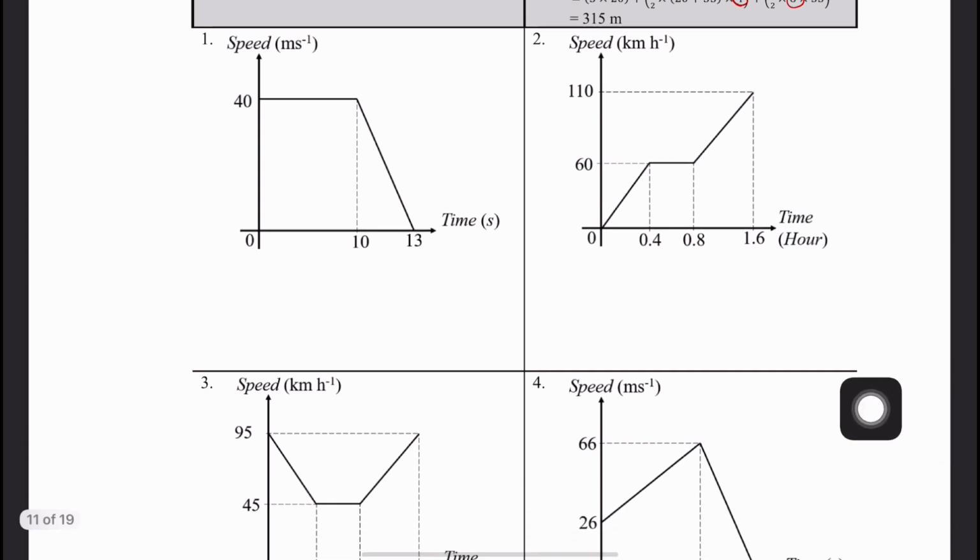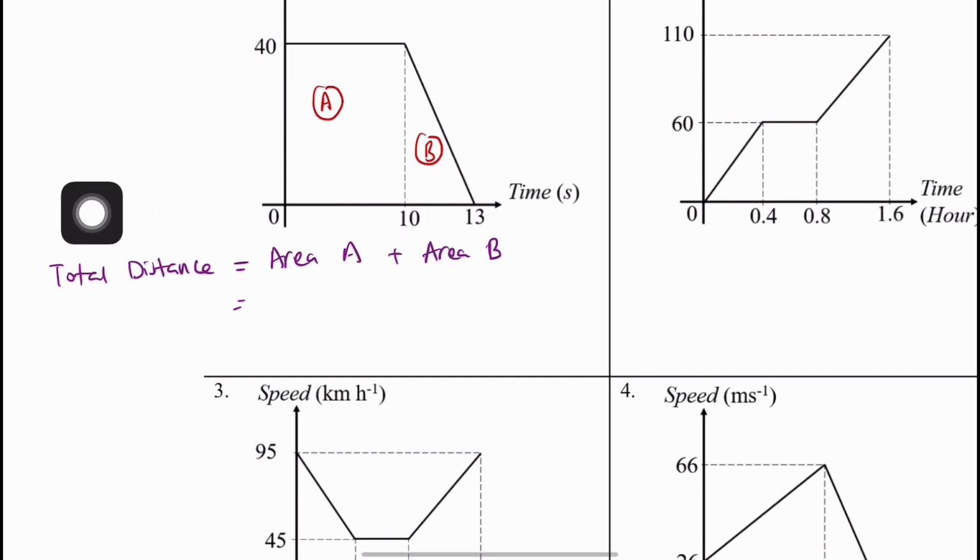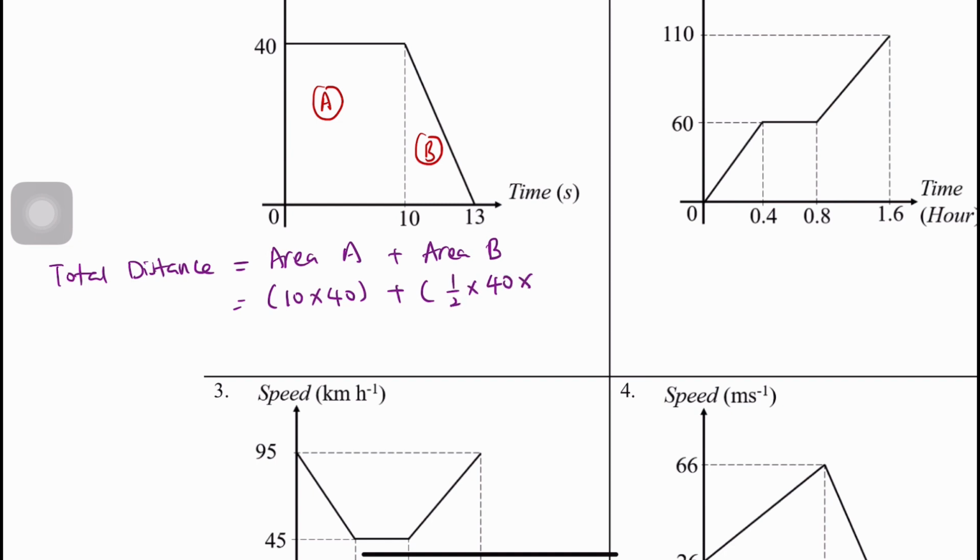Now let's try the first question. How many shapes do we have here? We have 2 shapes over here, A and B. Total distance is equal to area of A plus area of B. Area of A is length times height, so it is just 10 times 40, plus area of B is a triangle, so 1 over 2 times height 40 times base. What is the base? 13 minus 10 is 3.